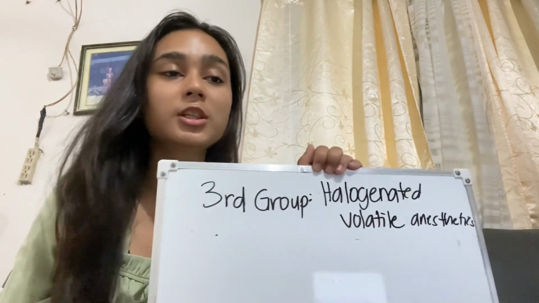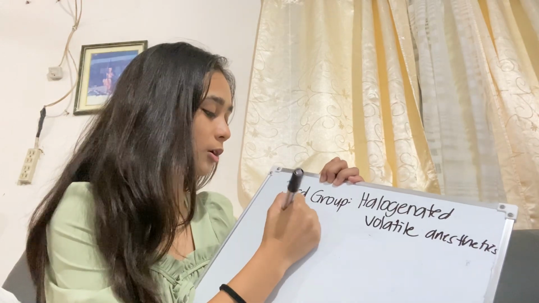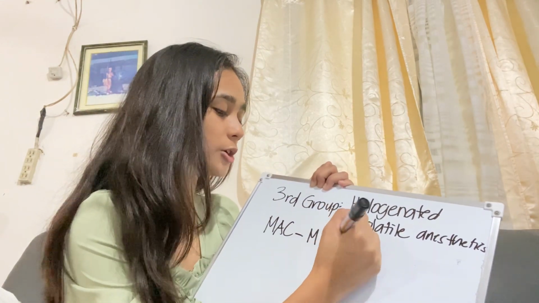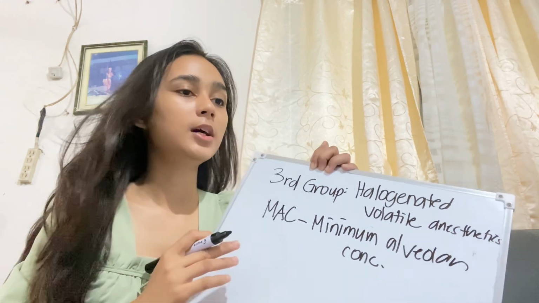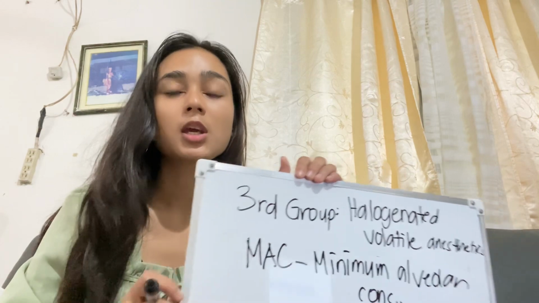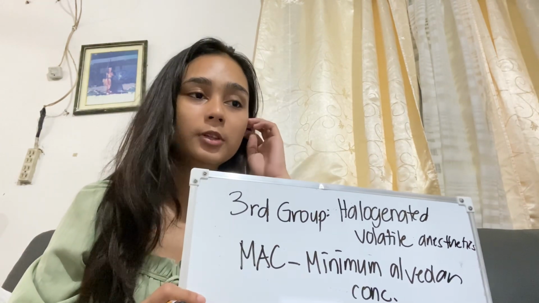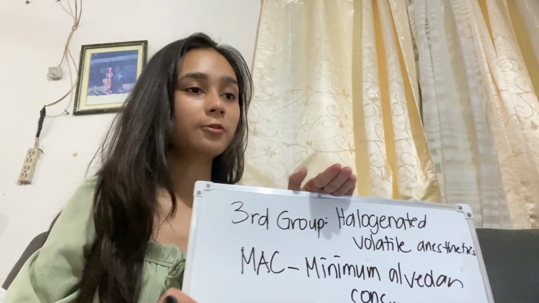But before proceeding to these drugs, I'd like to discuss this one term called MAC, which stands for minimum alveolar concentration. It is the concentration of an inhaled anesthetic which, at 1 atmospheric pressure, prevents skeletal movement in response to surgical incision in 50% of patients.